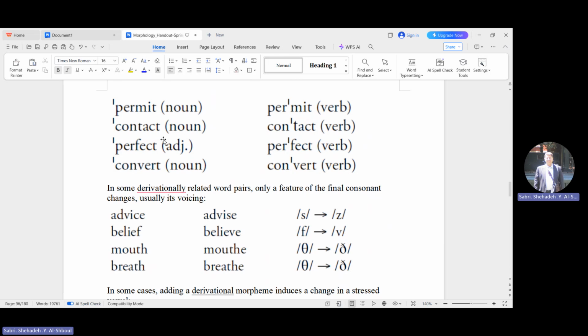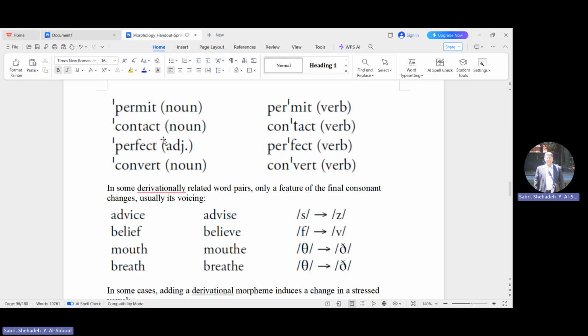So here, permit as a noun, permit as a verb, contact as a noun, contact as a verb, perfect as a noun, perfect as a verb, convert as a noun, convert as a verb. The moral of this section is that stress or suprasegmentals can be a part of the derivational processes.